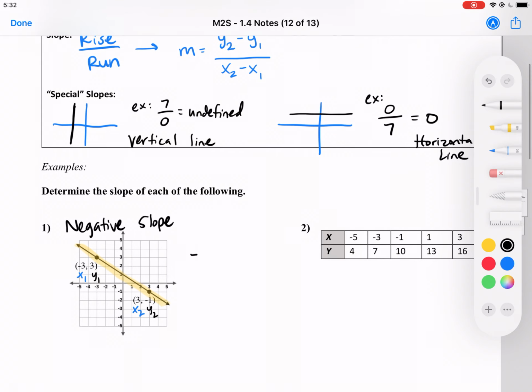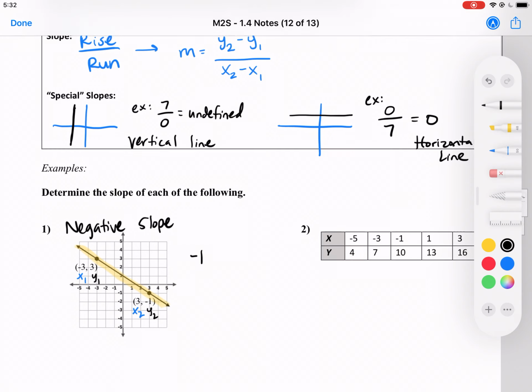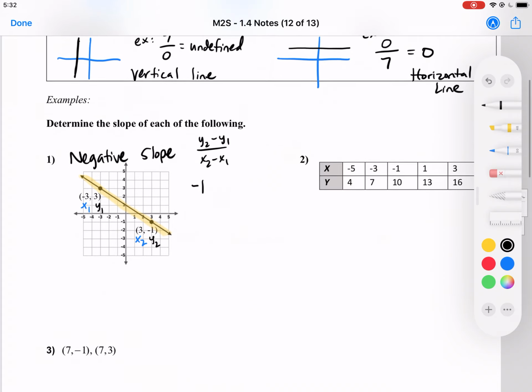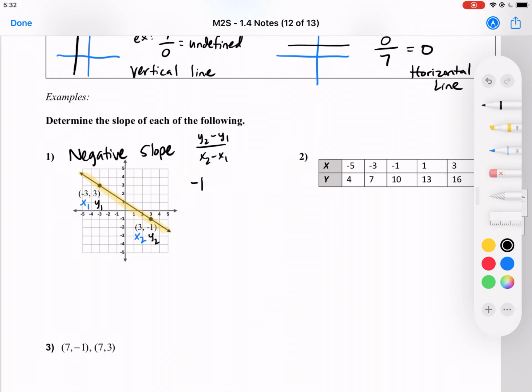The y2 is negative 1, so we're doing negative 1 minus 3 over our 3, because that's our x2, minus a negative 3. Negative 1 minus 3 is negative 4. When you subtract a negative, that's like adding, so this is like 3 plus 3, which is 6.